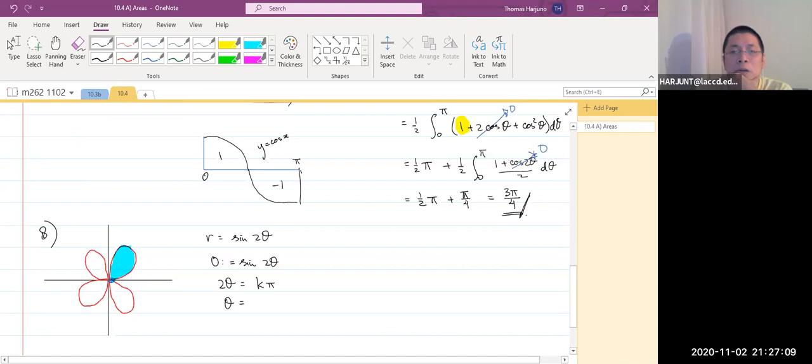Actually, is it pi? Yeah, that's right. Divide by 2, then it will be k pi over 2.